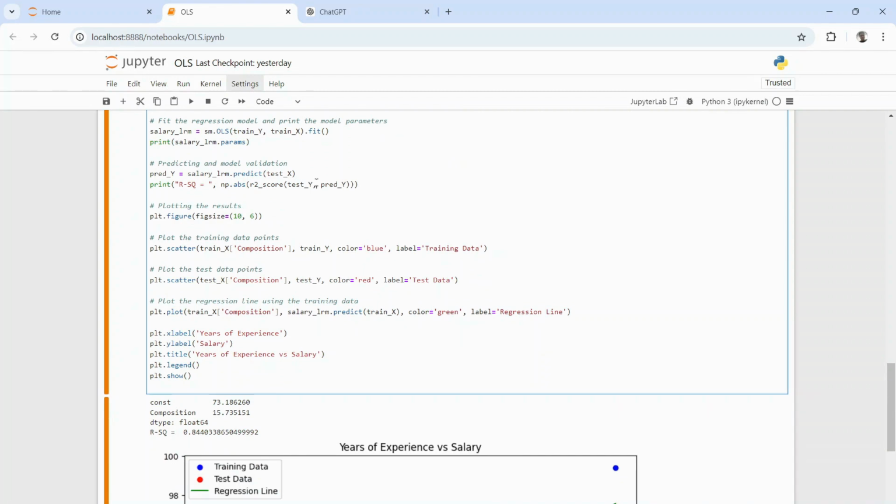And then we use the fitted model to predict the strength value of the test data. The predictions are stored in this variable.